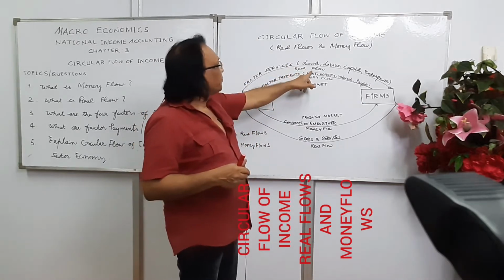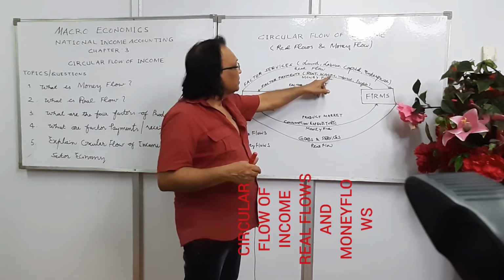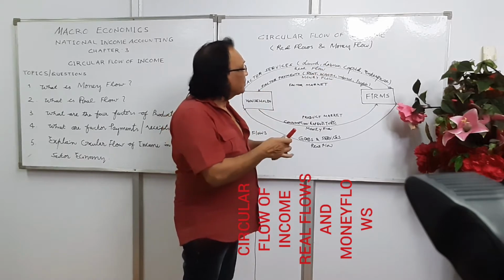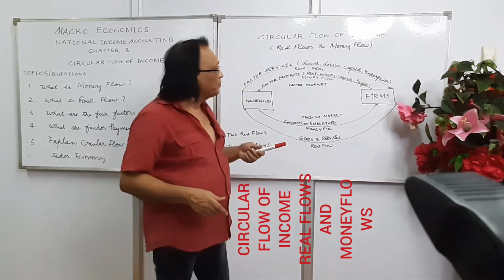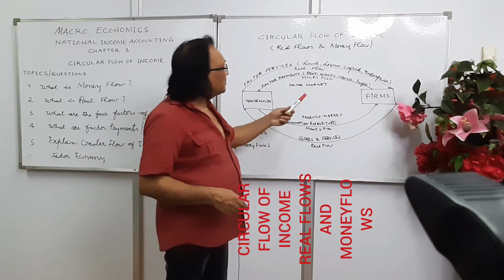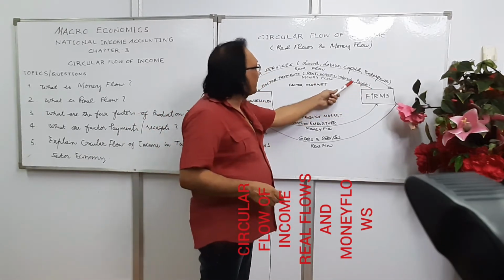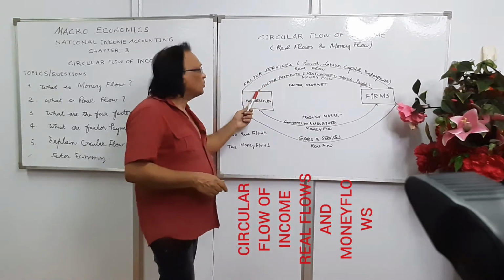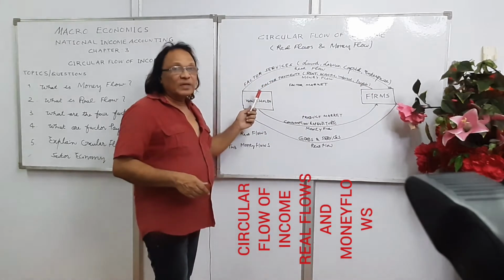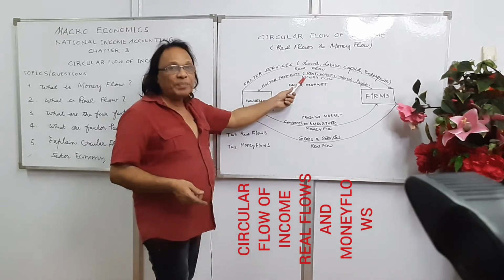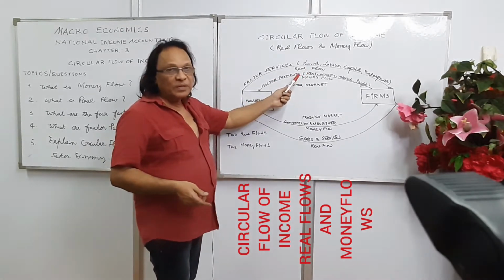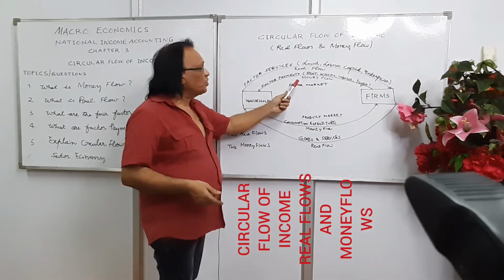That is, they pay rent to land, wages and salaries to labor, interest to the capital, and entrepreneur get profits. This is money flow taking place from firms to the households. It means every real flow has an opposite money flow.